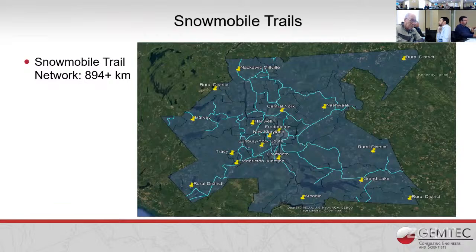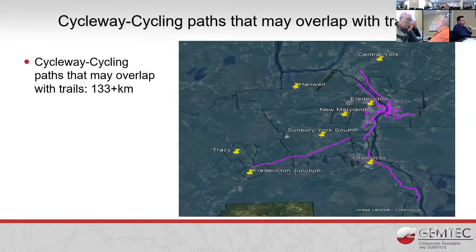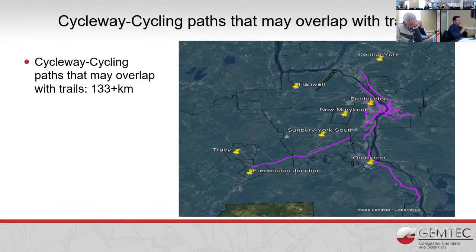Snowmobile trails have about 900 kilometers within the capital region service commission boundaries, and you can see them highlighted in turquoise. Cycleway or cycling trail, cycling path, is mainly around Fredericton or Moncton, and there's one from Fredericton Junction towards Sunbury York South, at least what the open data is telling us.